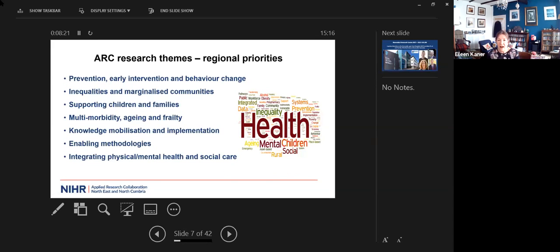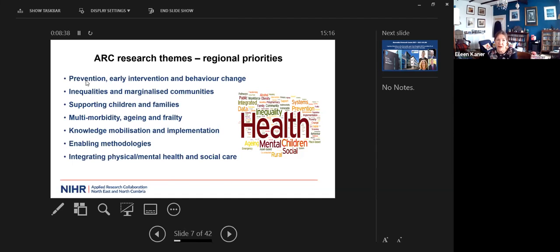And in our ARC, we've got 7 research themes. This is a fairly busy slide, but my point in showing you our themes is to show that we focus right from preventing illnesses through to treatment and care and to integrating health systems.